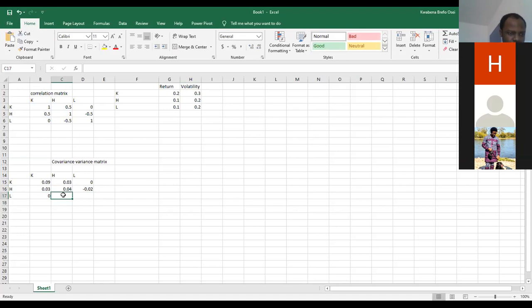The same thing applies to H and L, 0.5 times H and then L. And this one is the same as L, so it equals the correlation times the volatility of L. Okay, so this is the variance-covariance matrix. If you have any question, please kindly ask before I continue.